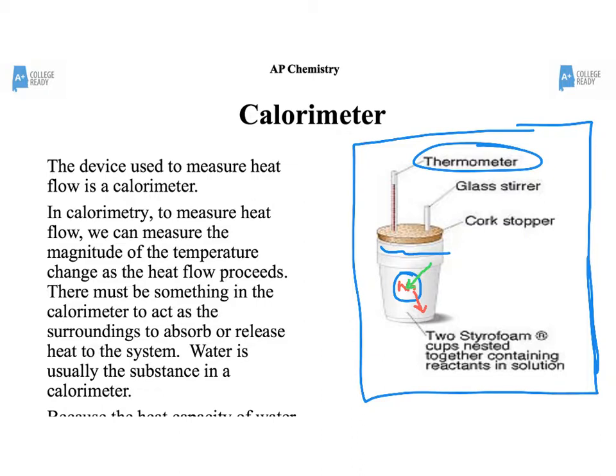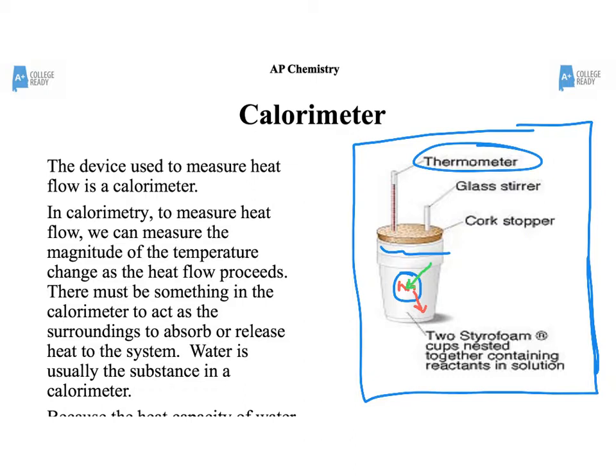So in a calorimeter, we measure the heat flow indirectly because we check the temperature of the water, and by looking at the change in the temperature of the water, we can determine the enthalpy of the reaction.